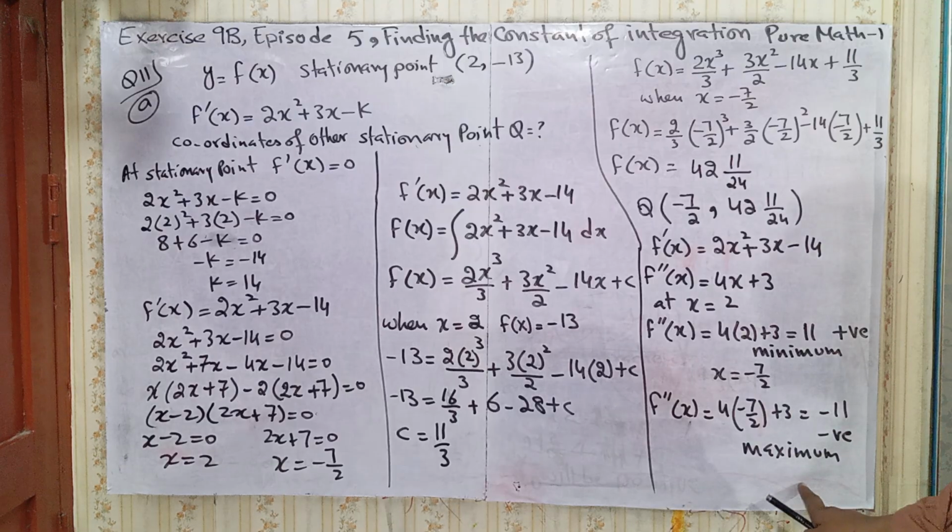So Q's nature is that it's a maximum point, and P is a minimum point. So it's a huge question. I hope you understand this. And this is how you do question number 11 of exercise 9B. This is our fifth episode on this exercise. I hope that this question is clear to you.